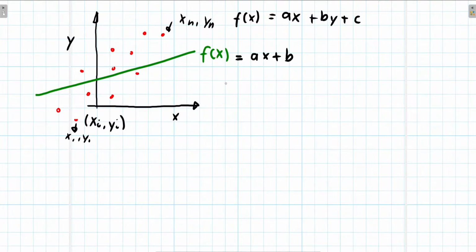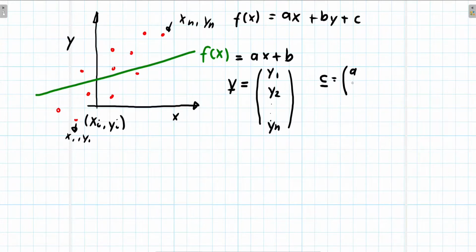So what I'm going to do is organize our yi's in a vector that's going to contain all of them. So this would be y1, y2, all the way up to yn. And I'm going to organize our coefficients a and b in another vector that looks like this.